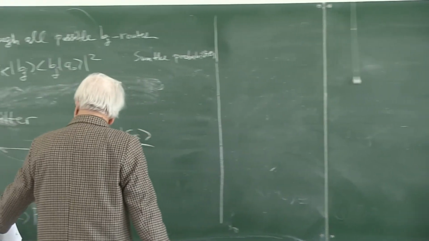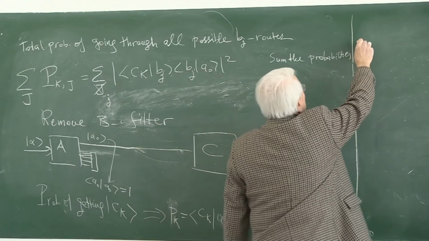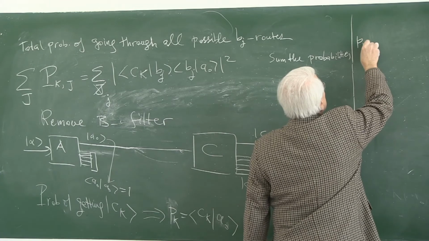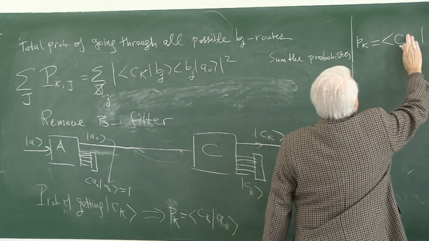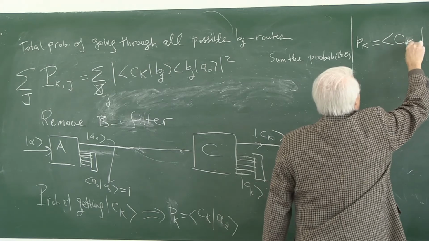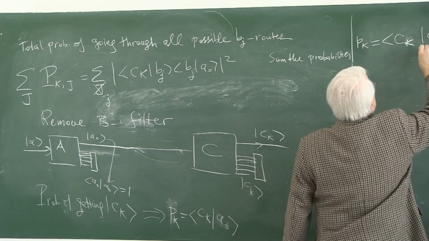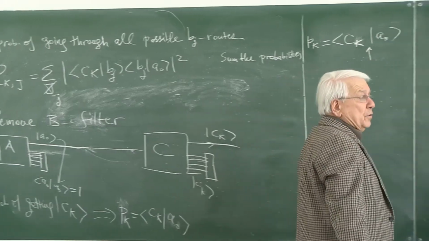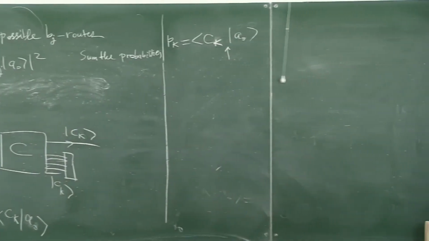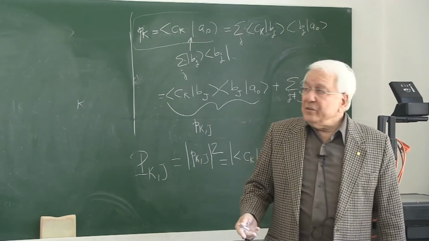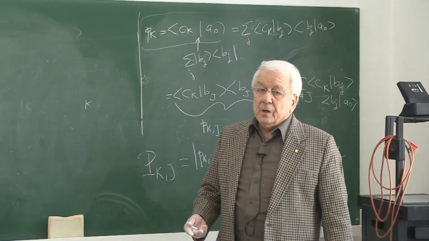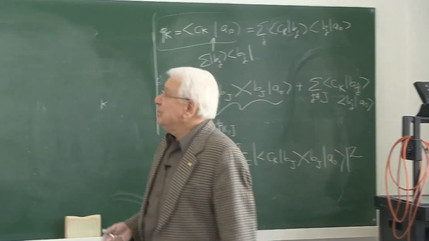So, in this new case, CK A0 capital, suppose I insert here a complete identity. Although I removed the B analyzer, I am always allowed to insert identities, right?